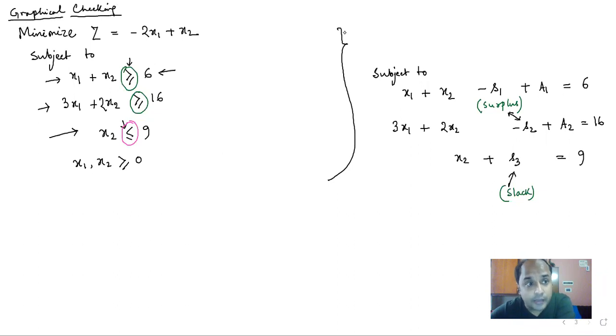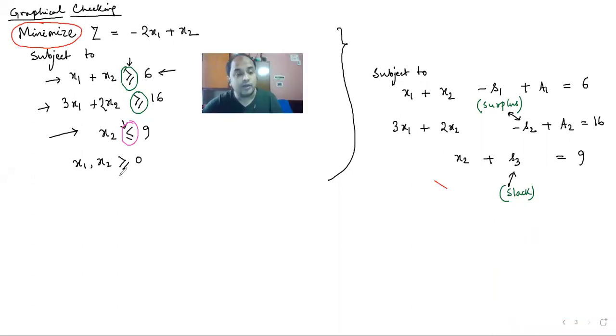Now, the problem is a minimization type of problem. I told you that the simplex method is designed in such a way that it is only valid for maximization type of problems. So there is a theorem: if there is a minimization type of problem, first convert it into a maximization type of problem.